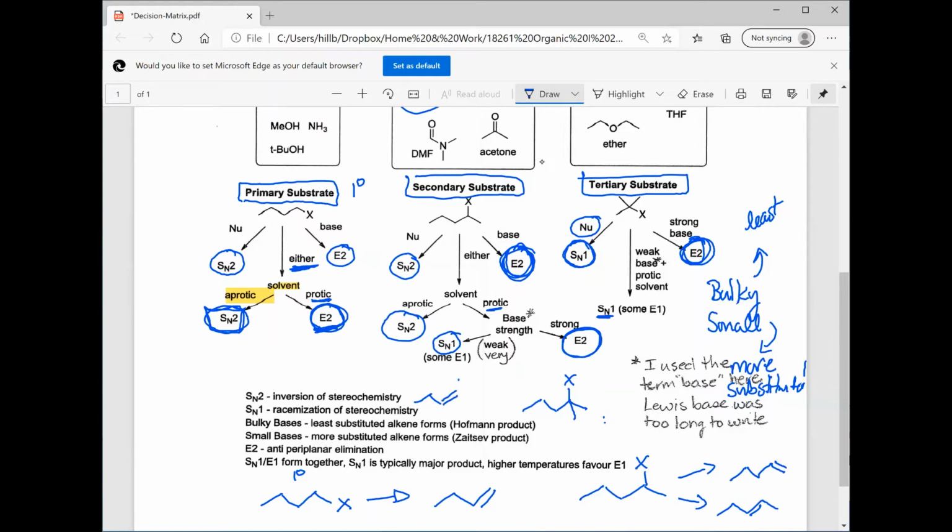One which would be here, and then the other one which would be this, which is the same as this. So E2 can take place on all three. It's got the most versatility for sure. I don't know if I answered that question properly or not.